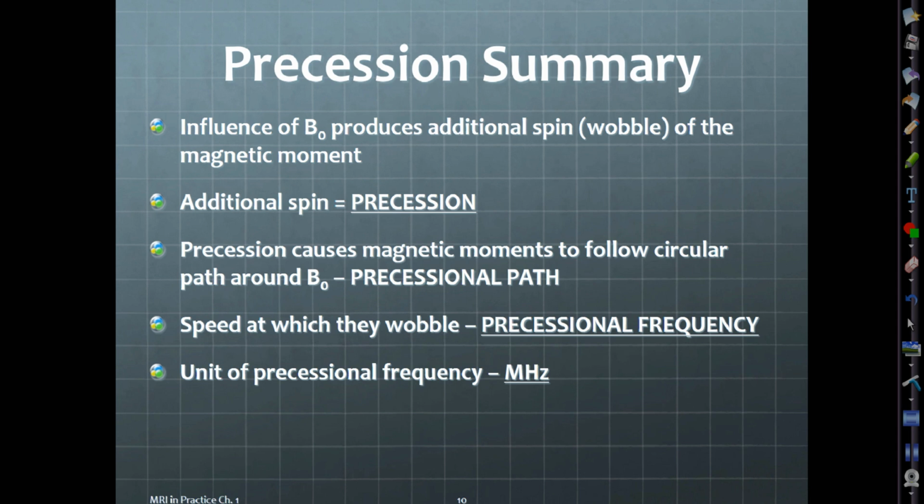The additional spin is called precession. Precession causes those magnetic moments to follow a circular path around B sub 0. That's called the precessional path. The speed at which they wobble is the precessional frequency, and the unit of precessional frequency is megahertz. You guys still with me so far? Okay.